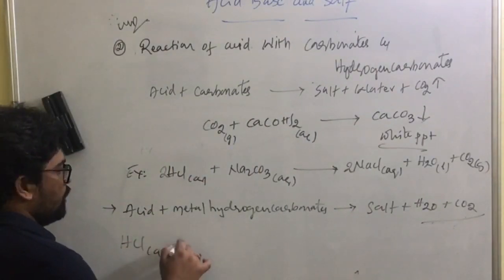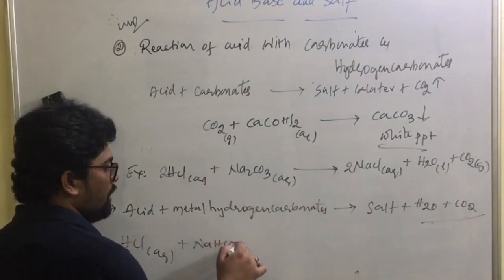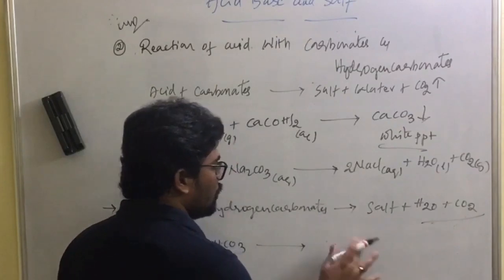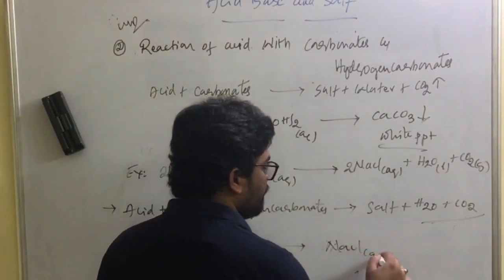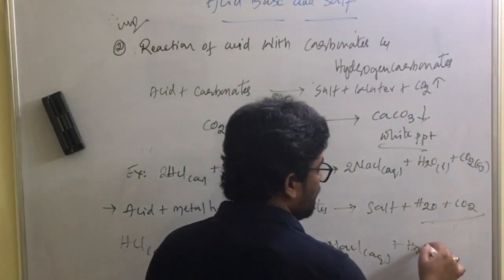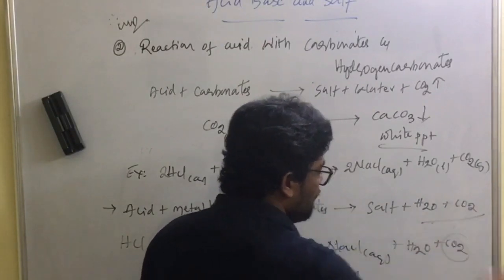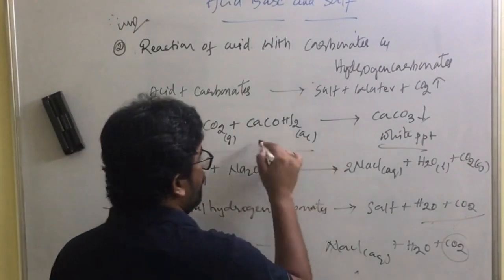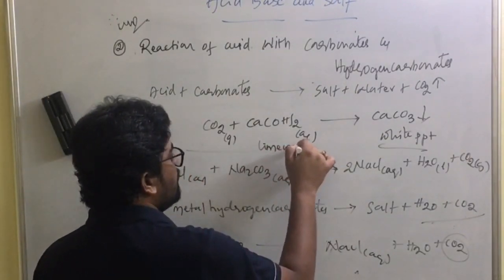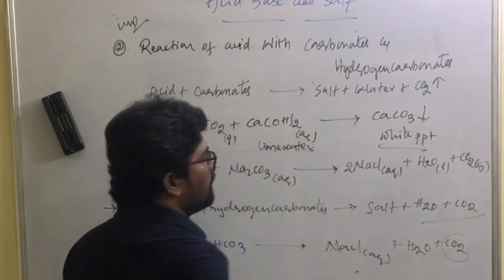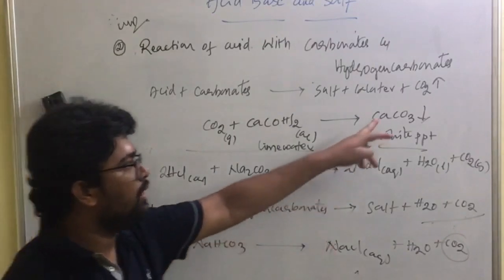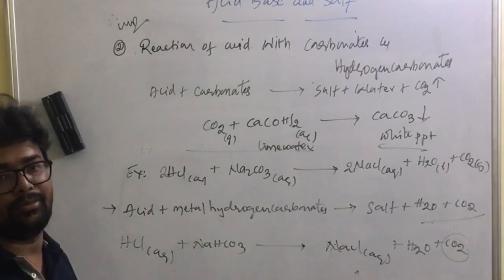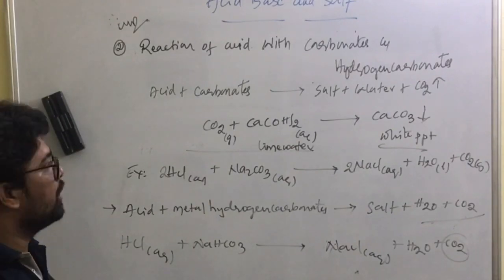HCl, when it reacts with metal hydrogen carbonate, gives you a salt called sodium chloride, water plus carbon dioxide. As I said, how do we test the presence of the gas? Pass that gas through lime water. If it turns milky white, it shows that carbon dioxide is released when acid reacts with carbonates and metal hydrogen carbonates. Hope this is clear?